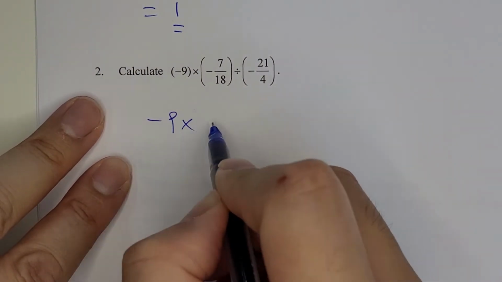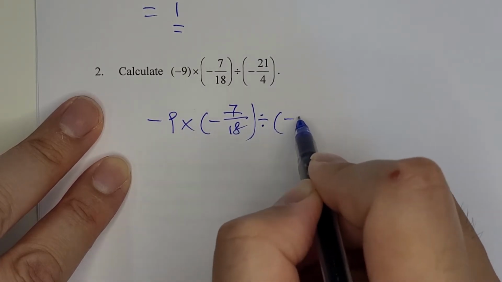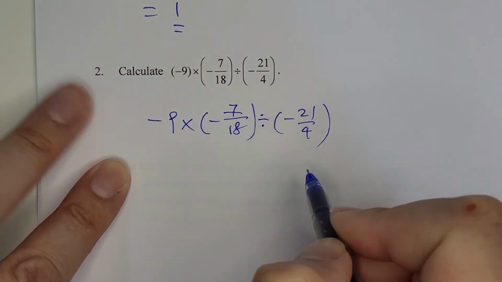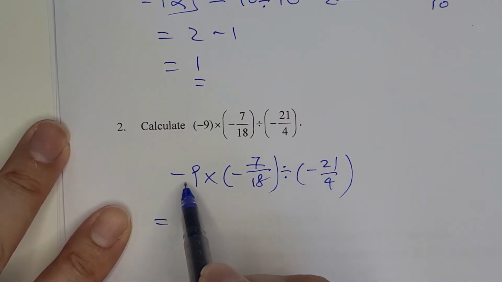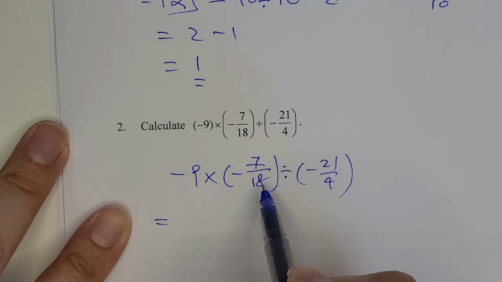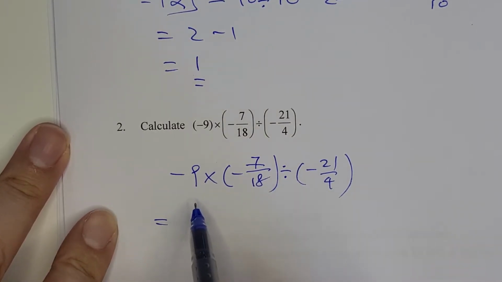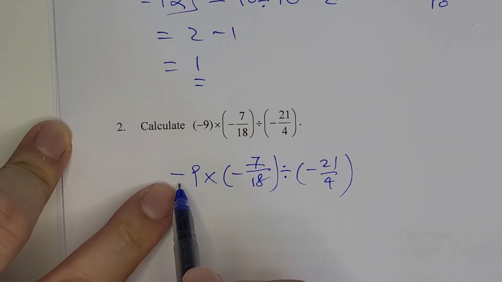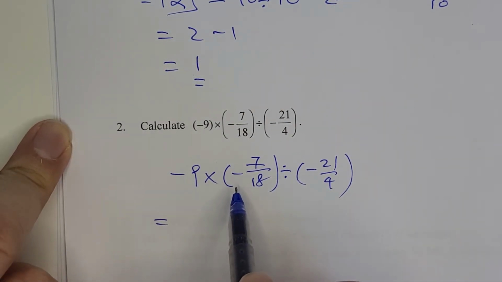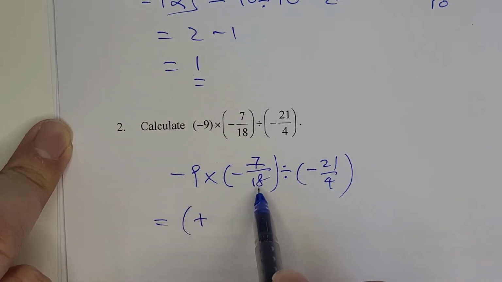Negative 9 multiplied by negative 7 over 18 divided by negative 21 over 4. And what you can do is the cancellation first, because there's a multiplication and division. You can work from left-hand side to right-hand side. So when a negative number is multiplied with a negative number, it goes back to positive. 9 over 18.